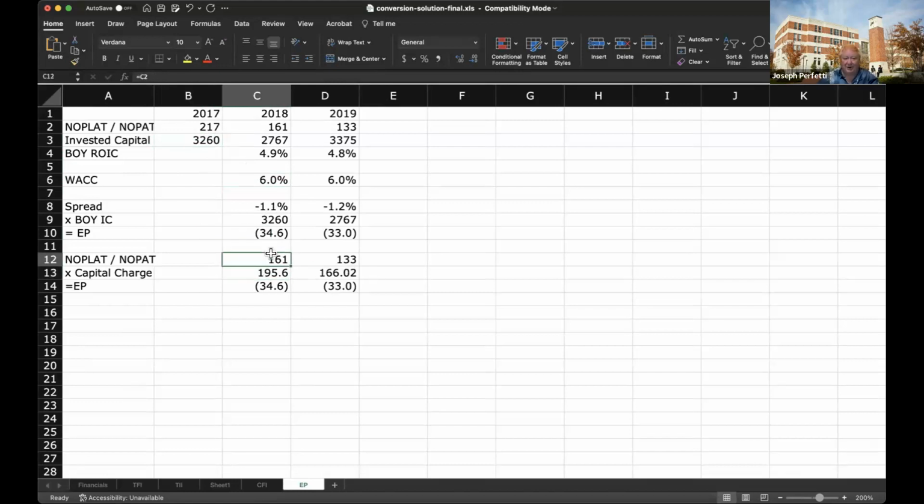How much after-tax profit did I make? Was it enough to cover the financing charge, the capital charge? If not, I didn't create value. That during the period is my shortfall in income in creating value. If I did have a positive economic profit, that means I created that much value above and beyond my WACC.